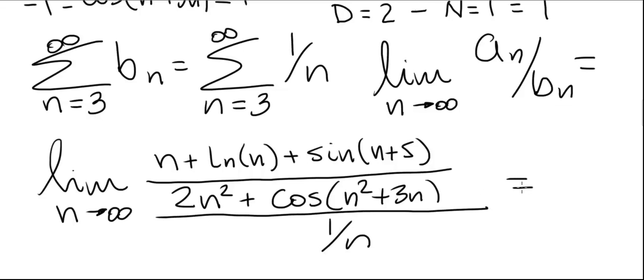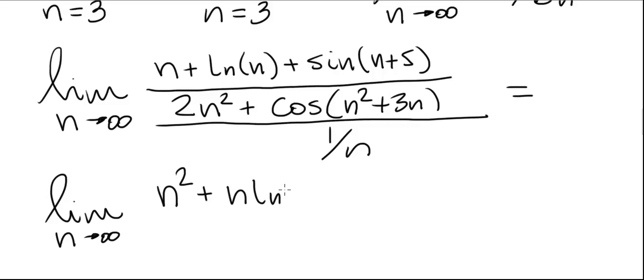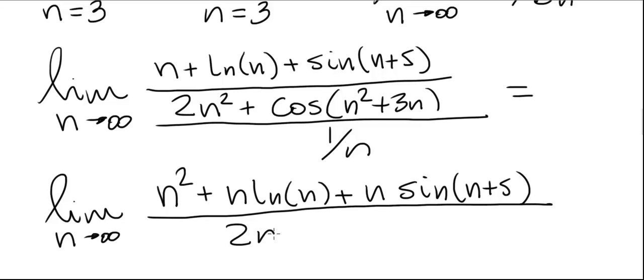Now this is equal to, that has the effect of multiplying the numerator by n, so this is the limit as n goes to infinity. We get n squared plus n times natural log of n plus n times the sine of n plus 5, and divided by 2n squared plus cosine of n squared plus 3n.